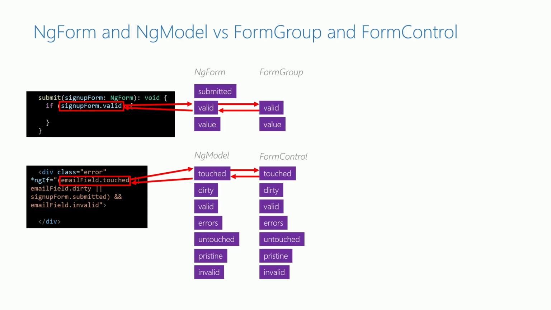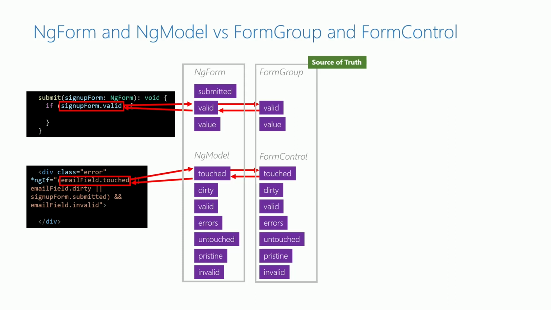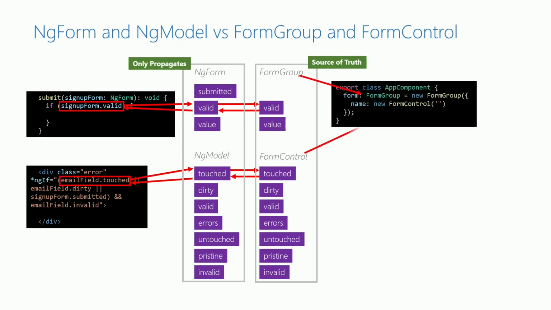From this explanation, it is clear that properties of FormGroup and FormControl contains the source of truth for the status data of form and form element, whereas NgForm and NgModel properties only propagates those values. In the reactive form implementation done so far, we have FormGroup and FormControl objects in the component class.